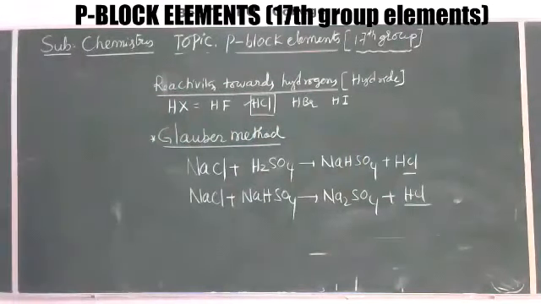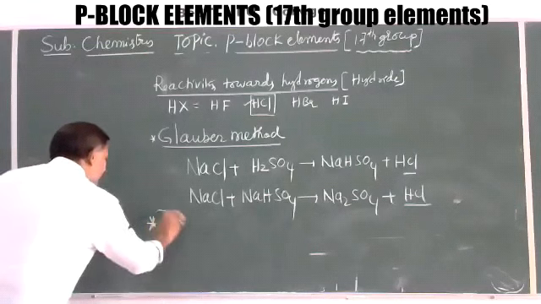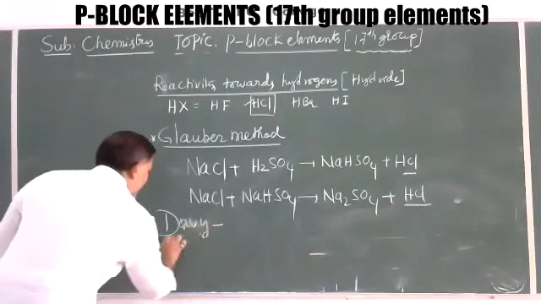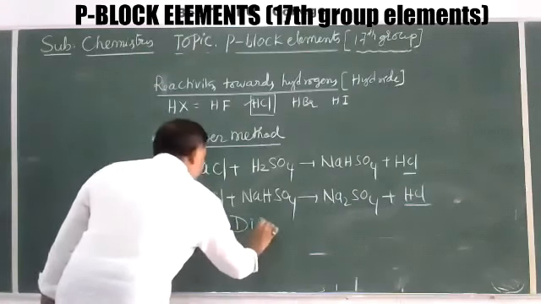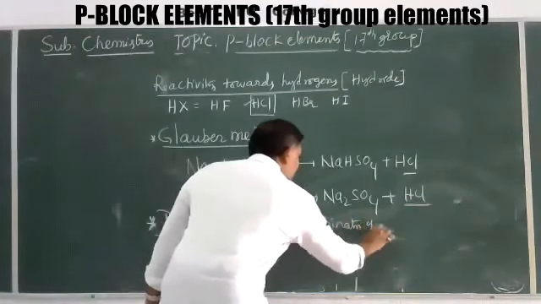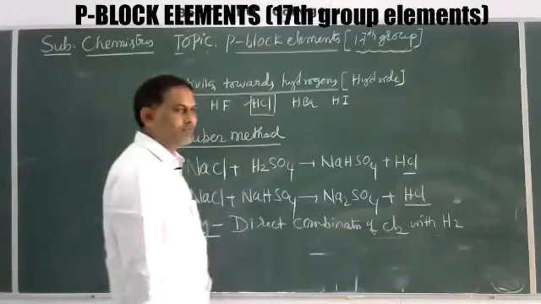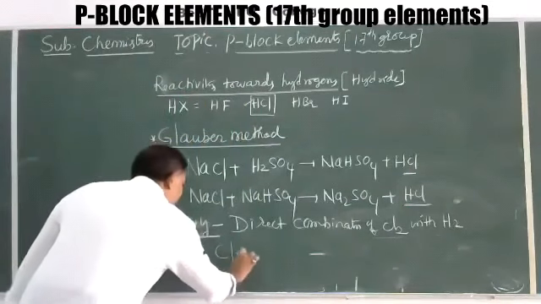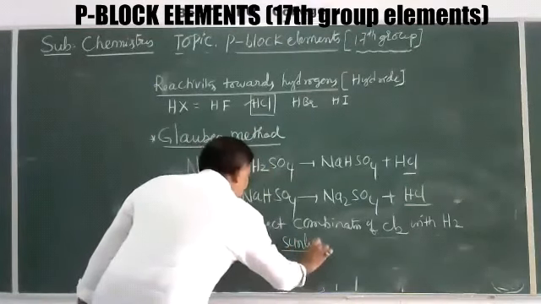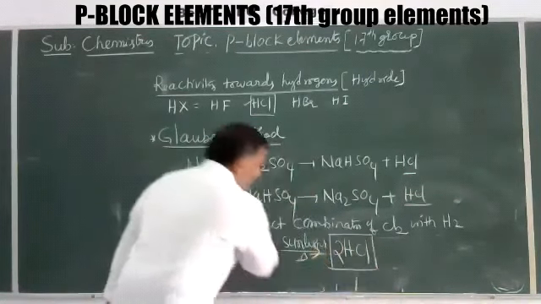And one more method is there: the Deacon-type direct combination. Here scientists directly prepared it by direct combination of Cl2 with hydrogen in the presence of sunlight. Chlorine reacts with hydrogen gas in sunlight and gives hydrogen chloride, HCl.